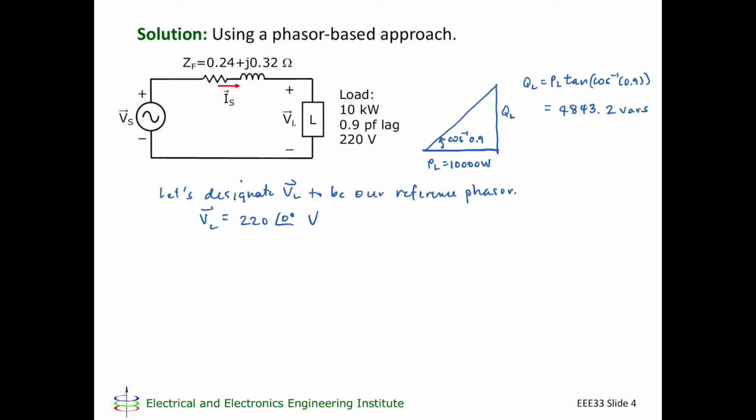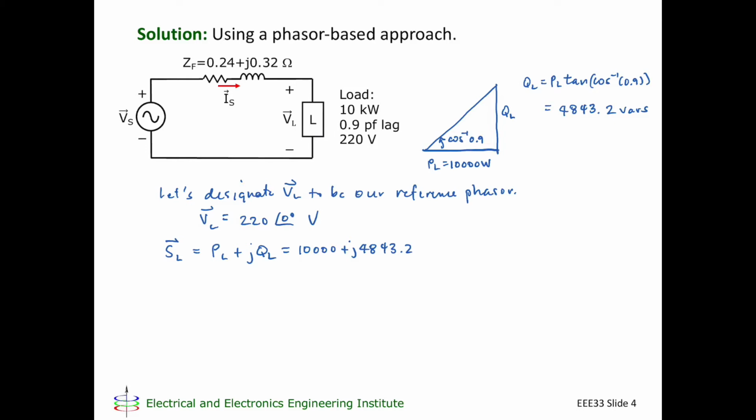Okay, from the complex power formula, the load complex power is equal to PL plus jQL. So that is equal to 10,000 plus j4843.2.